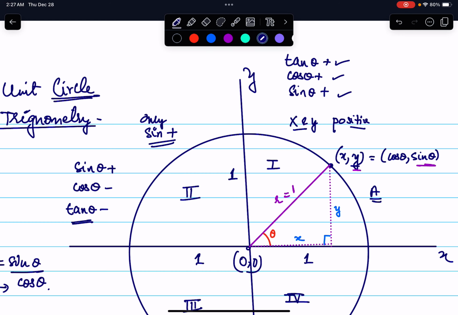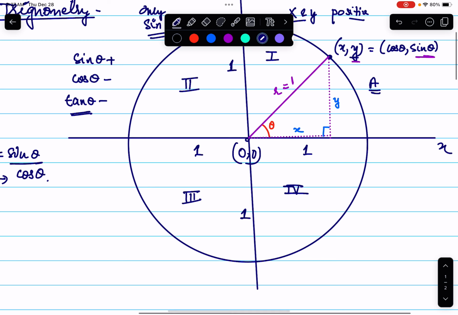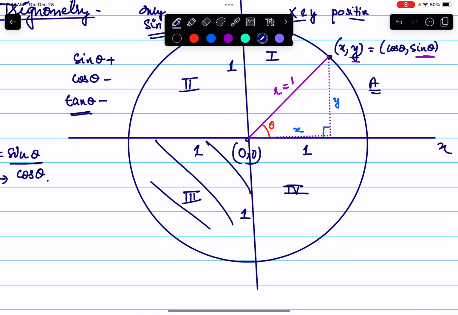Now you can see where I'm going with this. If I go to the third quadrant over here, what you see in the third quadrant is that cosine of theta is negative because x is negative. Sine of theta is also negative because y is negative in the third quadrant.